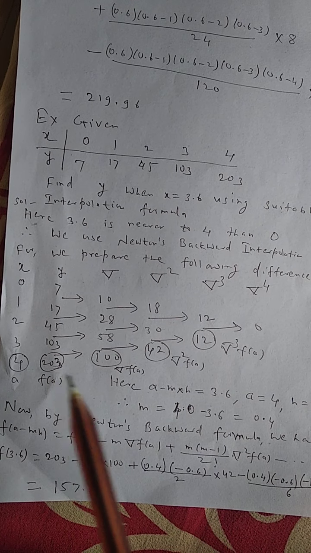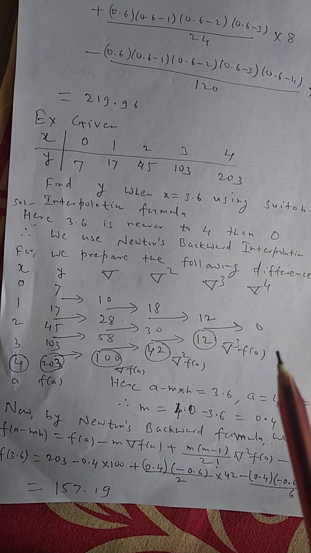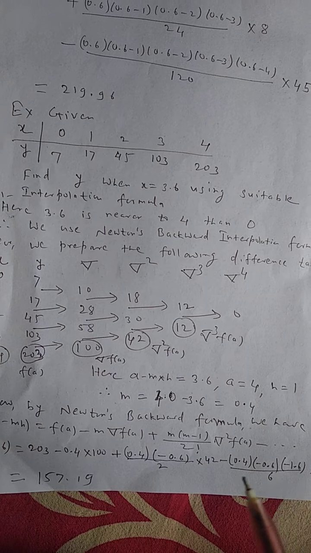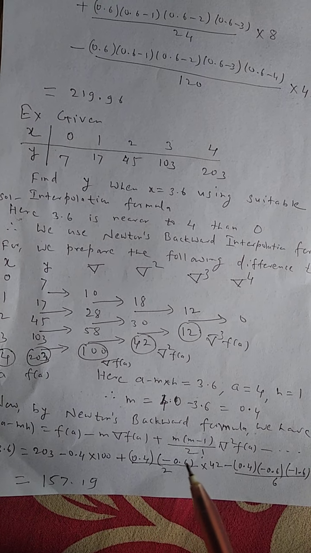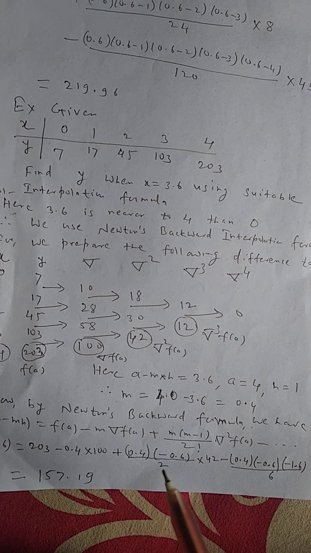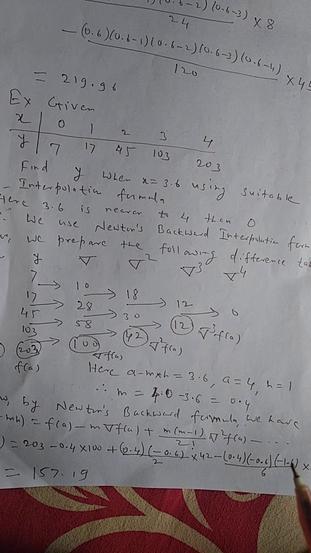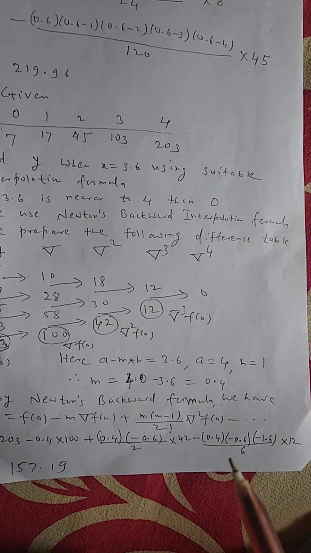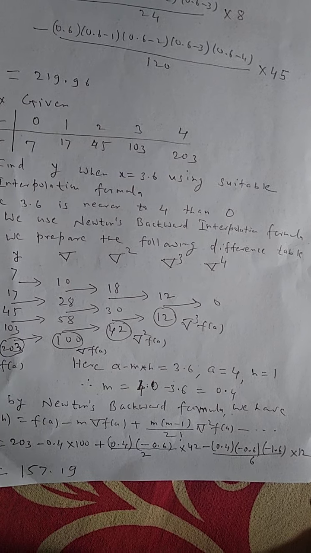FA is 203, del FA is 100, del square FA is 42, del cube FA is 12, and m is 0.4. So m into m minus 1, 0.4 minus 1, that is minus 0.6, divided by 2, then m into m minus 1 into m minus 2, m minus 2 is minus 1.6, divided by 3 factorial, that is 6, and this one is the last value, del cube FA, 12.